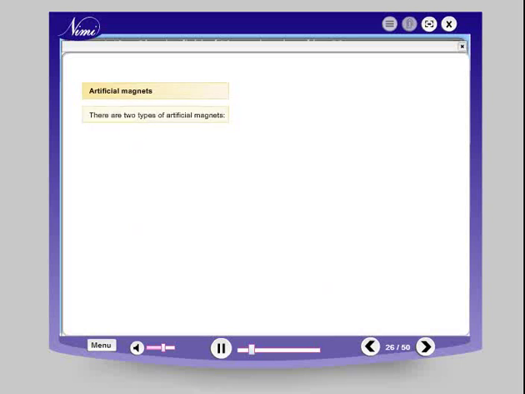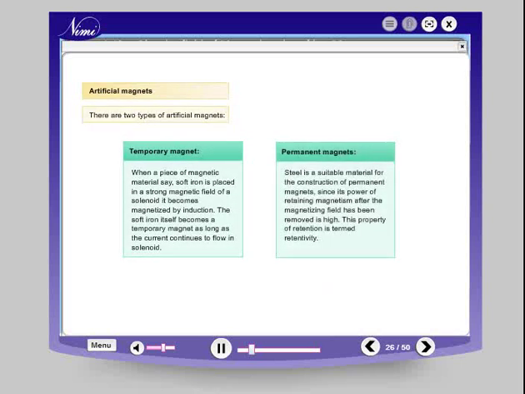Artificial magnets. There are two types of artificial magnets. Temporary magnet. When a piece of magnetic material, say soft iron, is placed on a strong magnetic field of a solenoid, it becomes magnetized by induction.